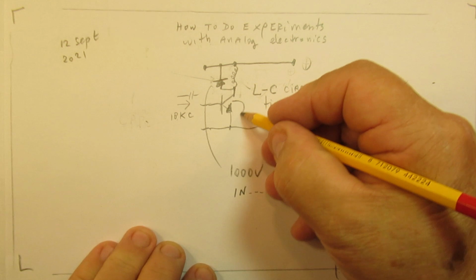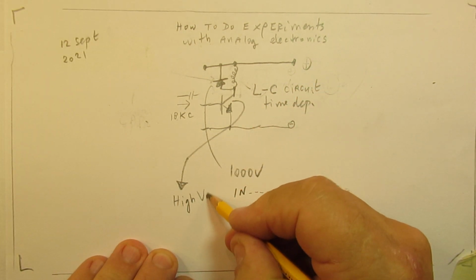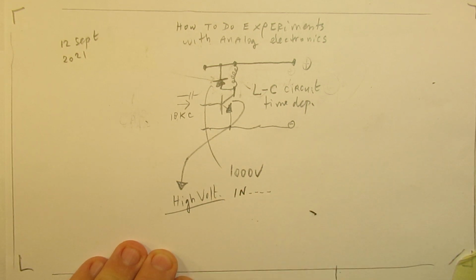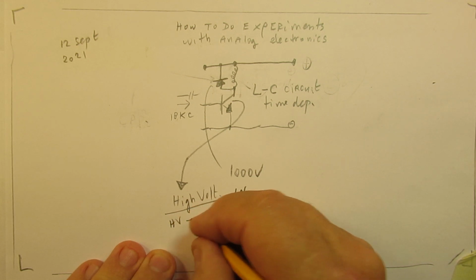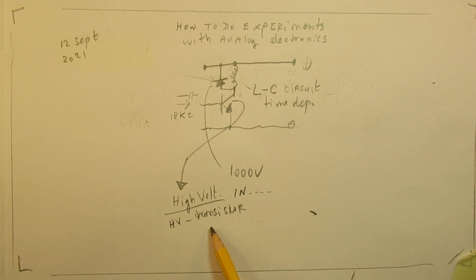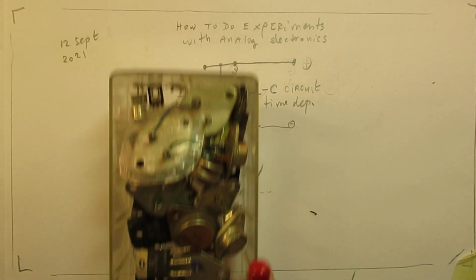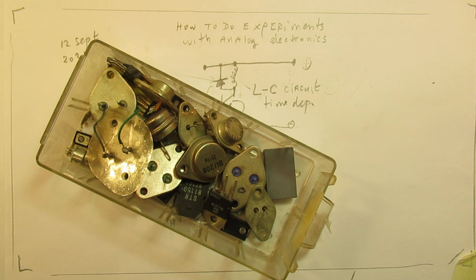And of course, when you go to real high voltages, you use a typical high voltage transistor. And the problem with high voltage transistors is that their amplification factor, and here you see quite a few of them, high voltage transistors, their amplification factor is in many cases not very high.